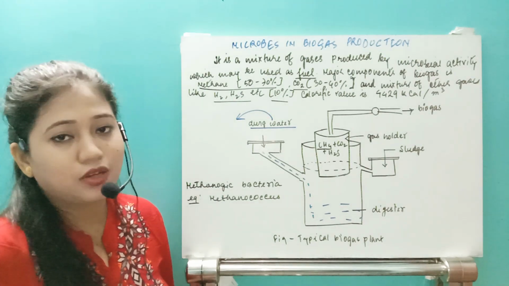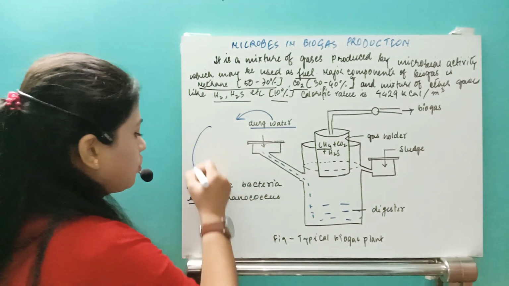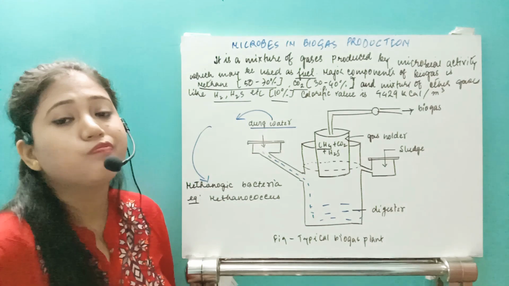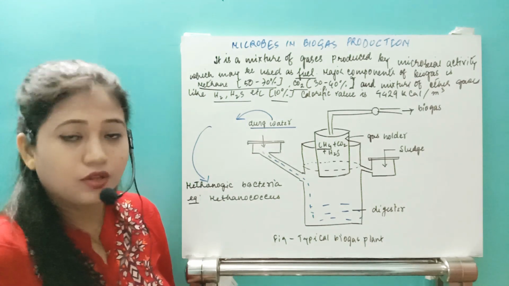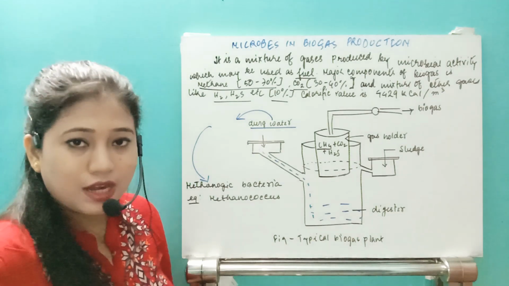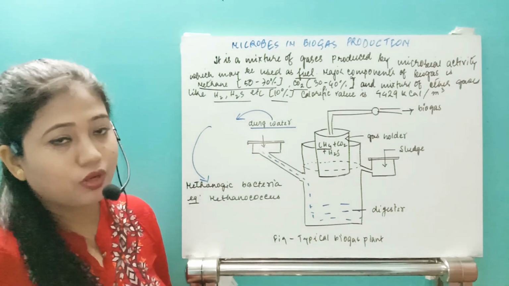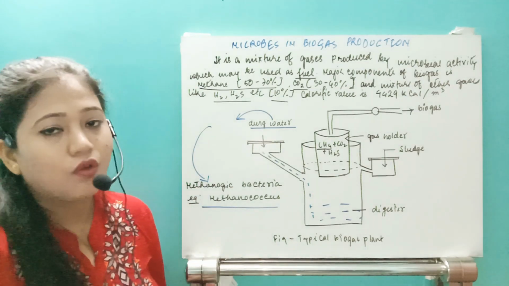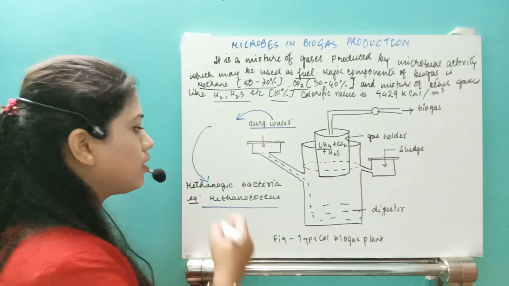These bacteria help in the digestion of the cellulose present in it. Whenever the cow releases its excreta, its waste product, the cow dung will also have this Methanococcus, which will undergo anaerobic respiration.